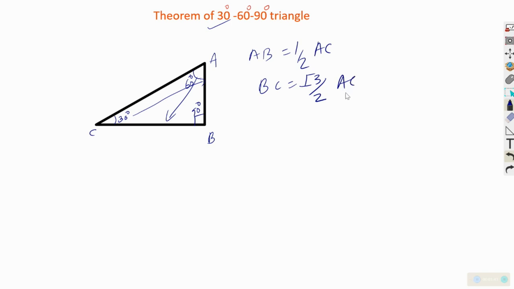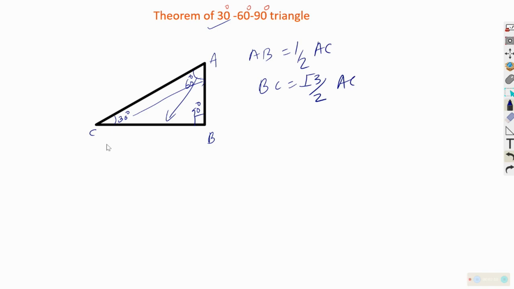Now, just now we studied the trigonometric ratios. What were they? The trigonometric ratios connected with the right angle triangle, where we found how these trigonometric ratios can be applied in the 30 degree and 60 degree triangle. We will see that now.